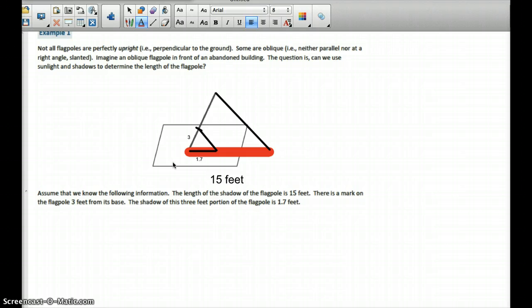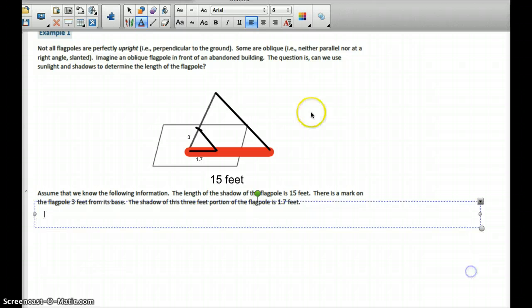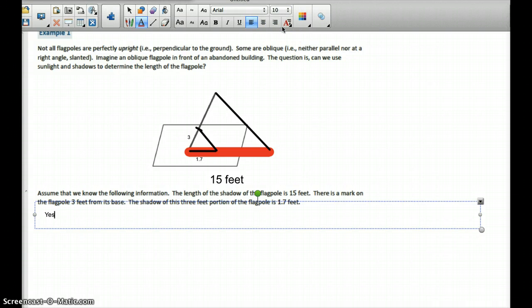So first thing we need to do is figure out if these triangles are corresponding or not. And as the first thing, I'm going to write in here that yes, they are similar because of the angle-angle criterion.